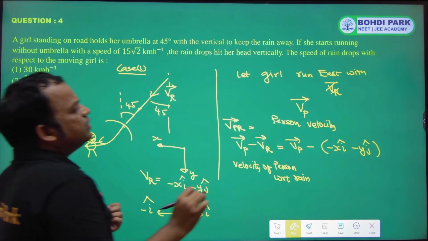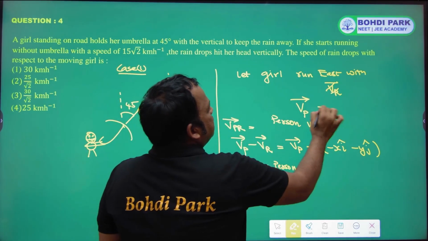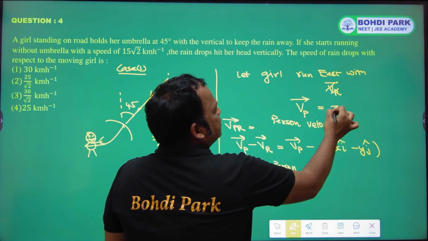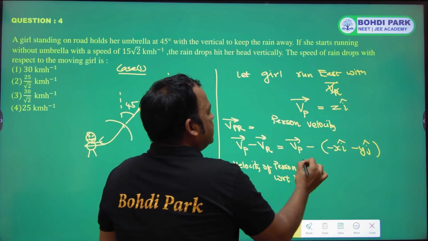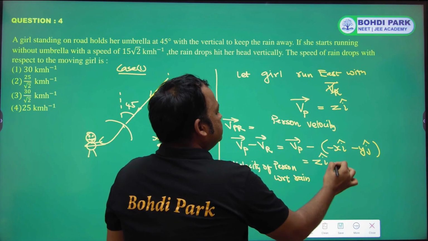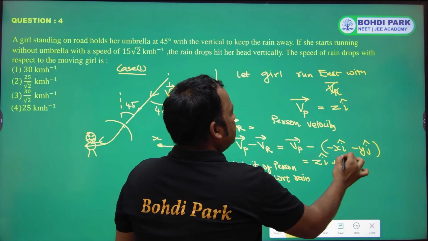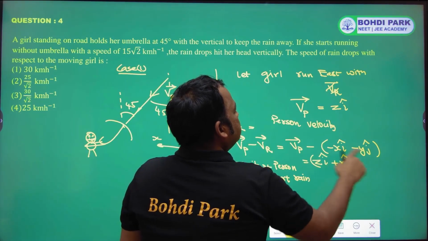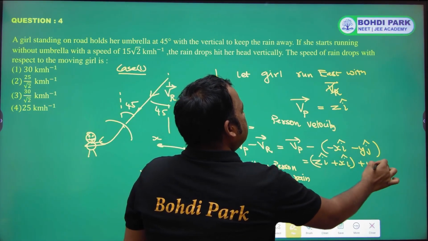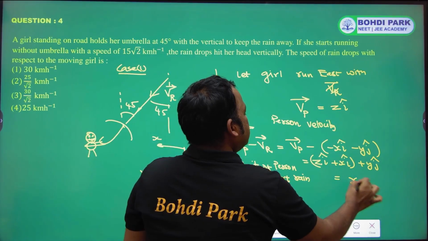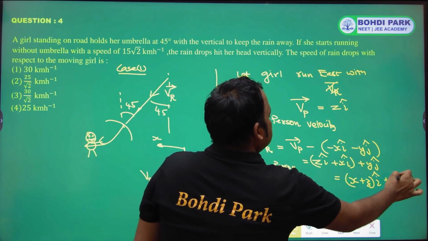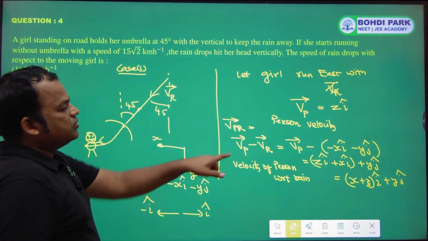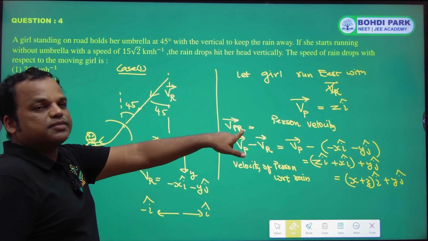Suppose we assume VP vector is equal to z i cap. So we'll put it here: z i plus x i plus y j. So this is x plus z i plus y j. This is the velocity of person with respect to rain.